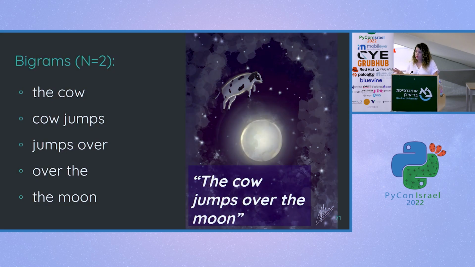But when we're talking about bigrams, which is 2 grams, the tokens are 2 words in a sentence, and it's moving. It's the first two words, and then the second and third, and so on. The cow, cow jumps, jumps over, and these are 2-grams.